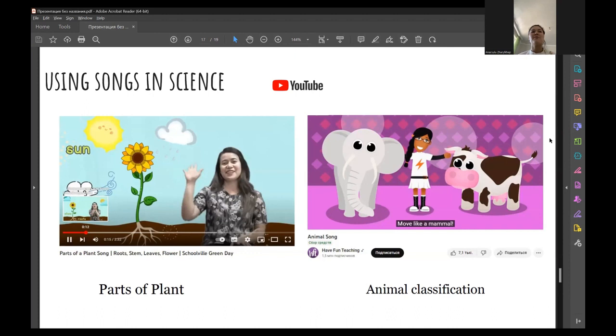There was some rhyming, like "dance like a frog," and they were jumping in the classroom, or "sing like a bird." So it was really fun. At the same time, they were of course learning about animal classification.